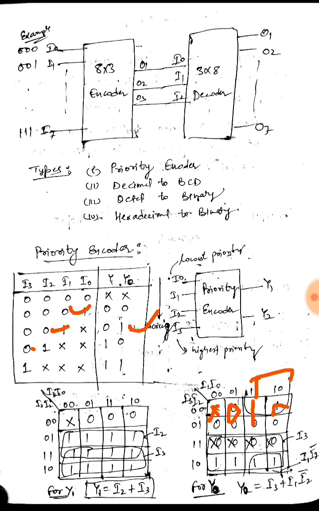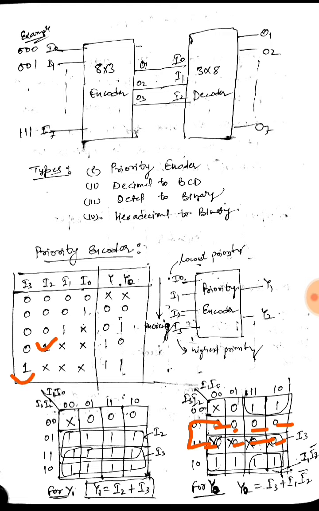Now for I2 equal to 1, this is very important in this priority encoder, at I2 equal to 1, our function Y0 is 0, so I will put 0 in all these 8 cells.